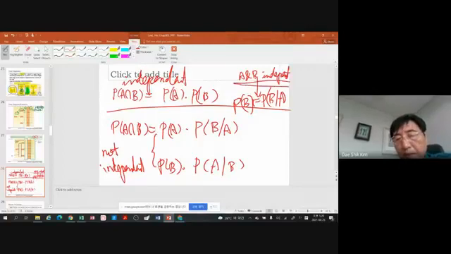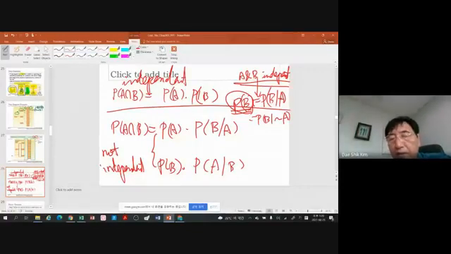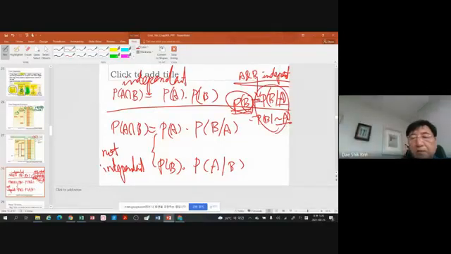If they are independent, the probability of B is the probability of B given A. Whether event A has already occurred or not, it doesn't matter. Or another one is P(B given not A). Not A means A does not happen. Whether A happens or not, the conditional probability is equal to P(B) when A and B are independent.